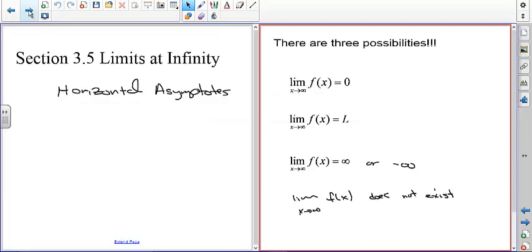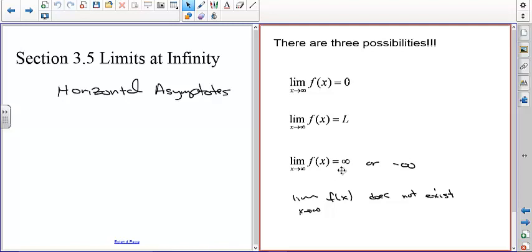So when you take a function and you take the limit as x goes to infinity or negative infinity, there are three possible results. One is that it approaches y equals 0, it approaches y equals some value L, or it approaches negative or positive infinity.